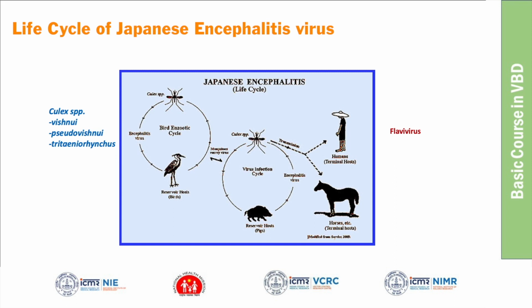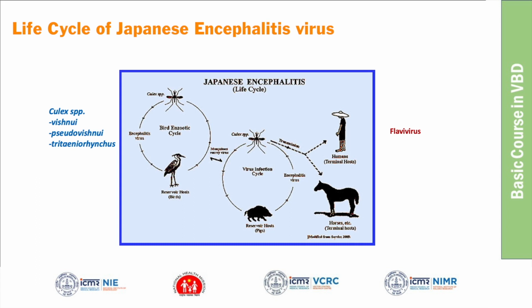The virus is maintained in nature between vector and the pigs. This is the natural cycle. Pigs are amplifying hosts. And similarly, paddy herons and cattle egrets also amplify the virus.